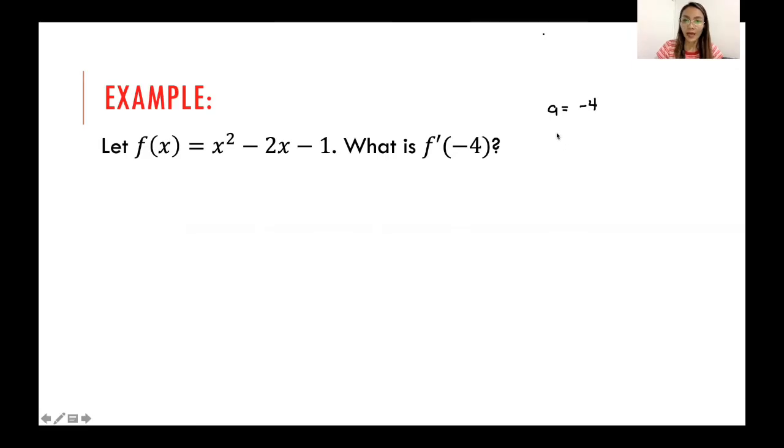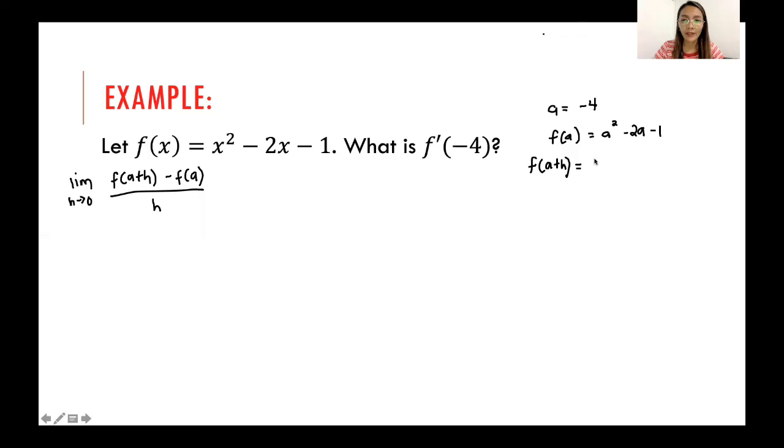Our f of a is equal to a squared minus 2a minus 1. Okay, so we have the limit of f of a plus h minus f of a over h as h approaches 0. Okay, so what will be our f of a plus h here? So yan, papalitan natin yan ng a plus h.